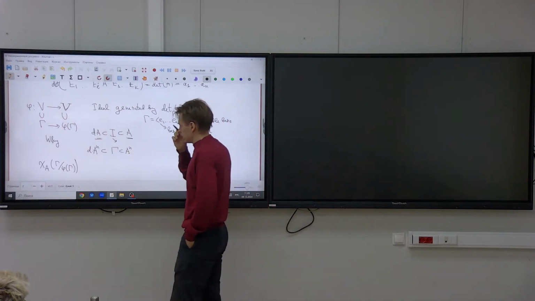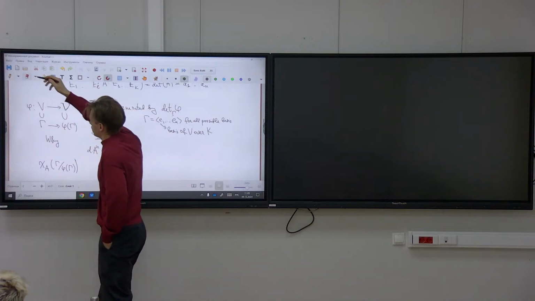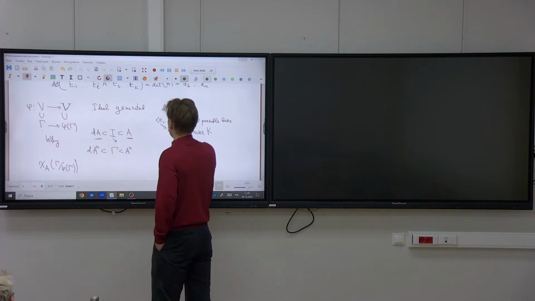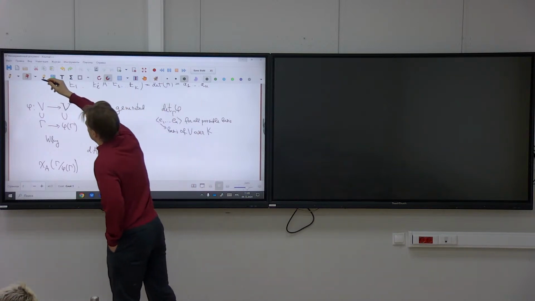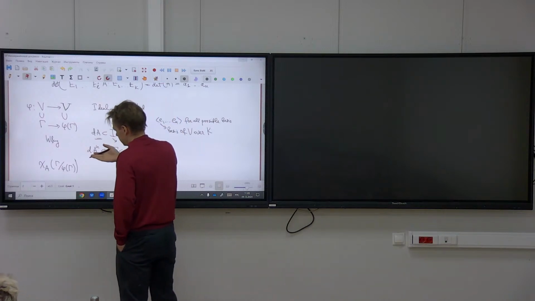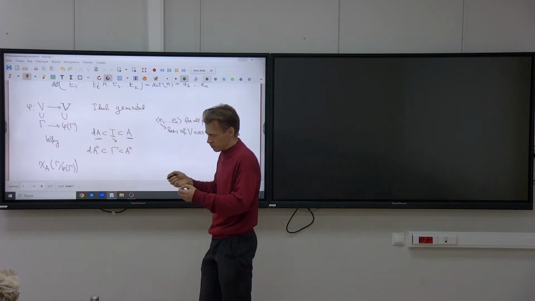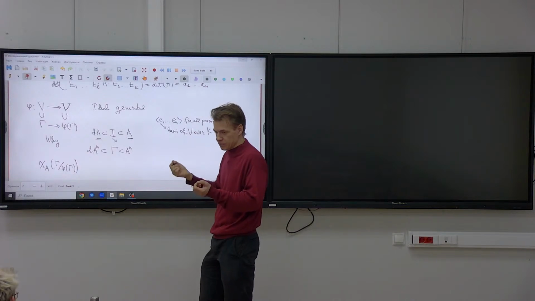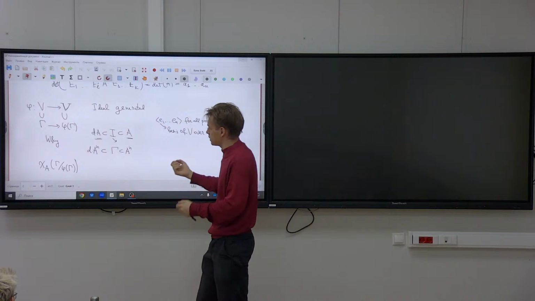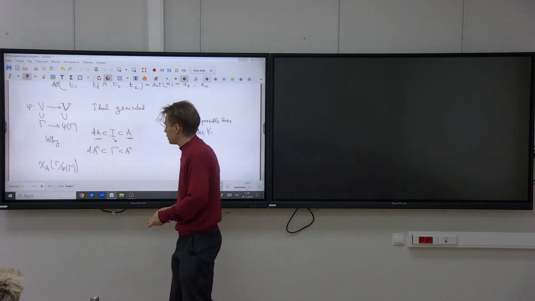And then you just want to do the following. In order to write down a determinant, the formula for determinant, you should pick a basis in gamma, that is, a basis of the vector space.